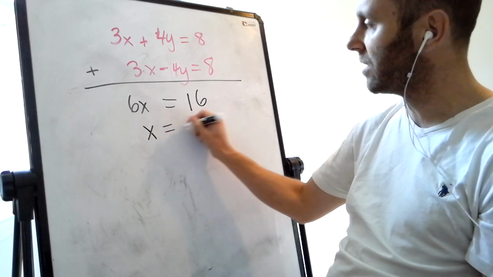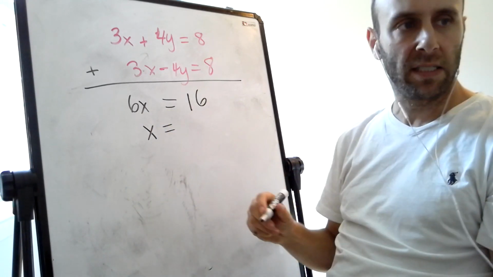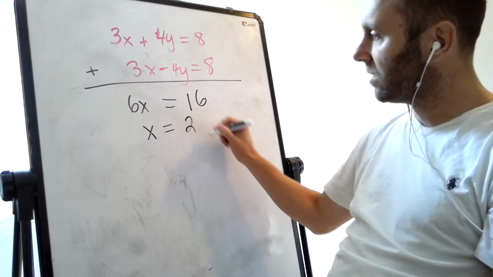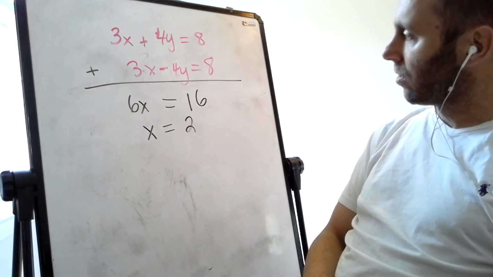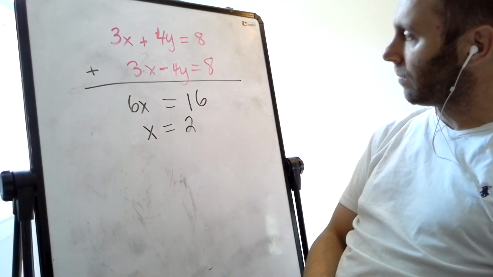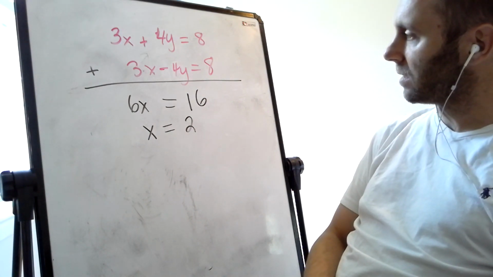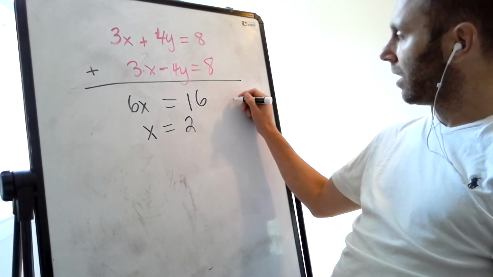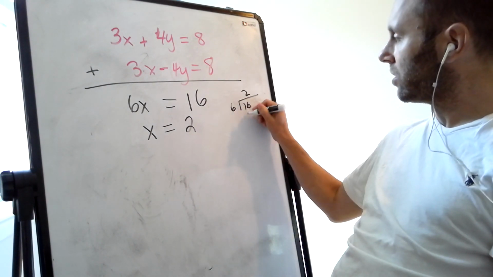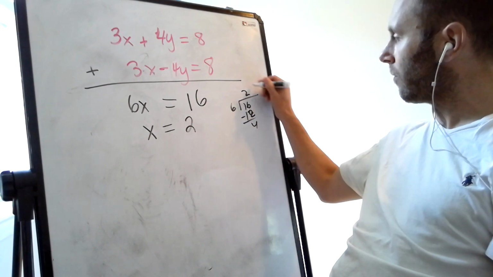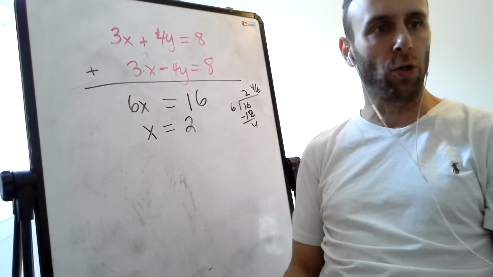I divide both sides by 6, and 6 goes into 16 twice, with a remainder of 4, so 4/6. So actually it wasn't 2.5.